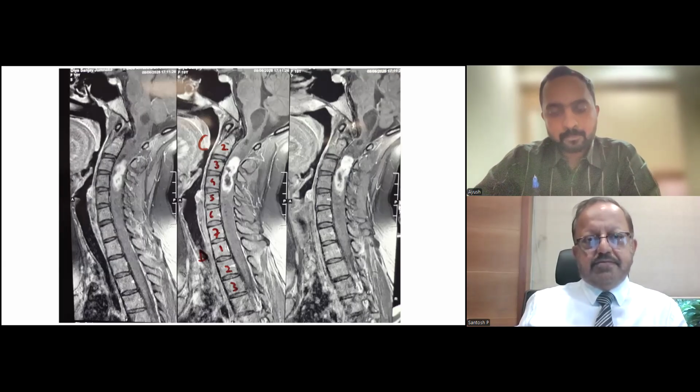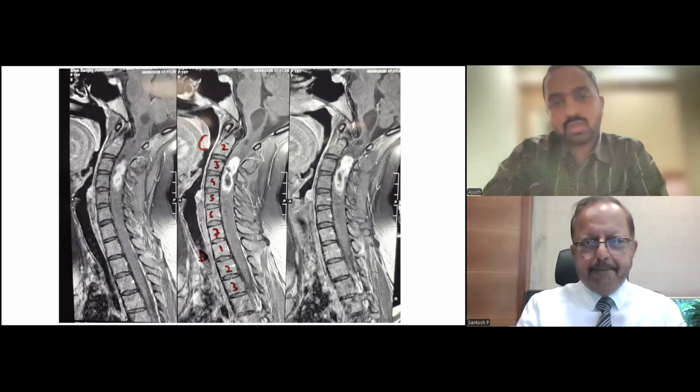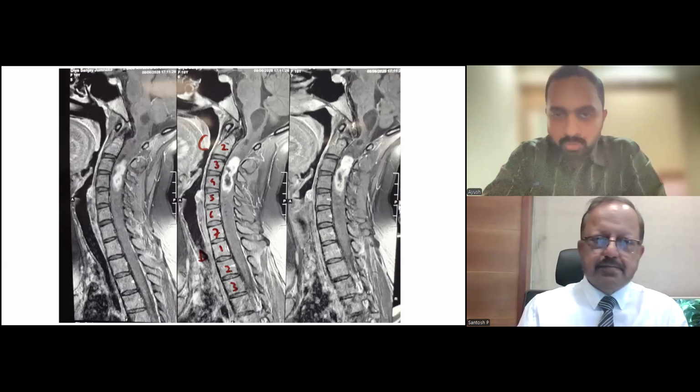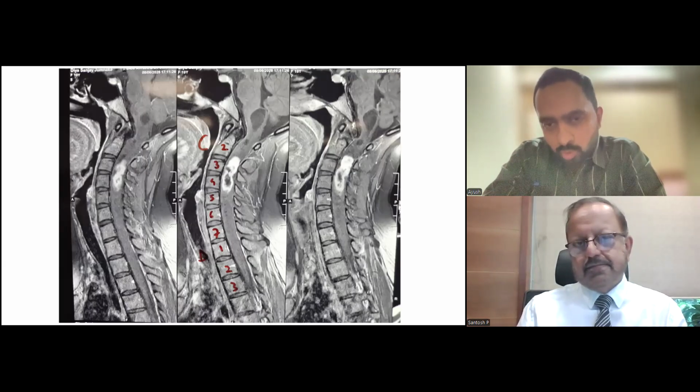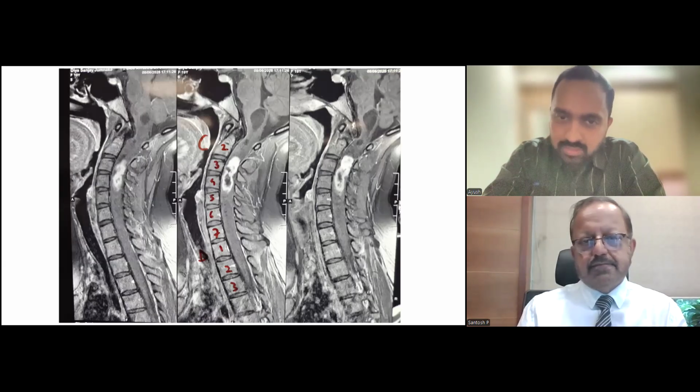What posterior approach, Ayush? C2 laminectomy, C3 laminectomy? What do you want to do? Over here, my tumor with the maximum contrast uptake is from C2 lower body extending up to C4 lower body.